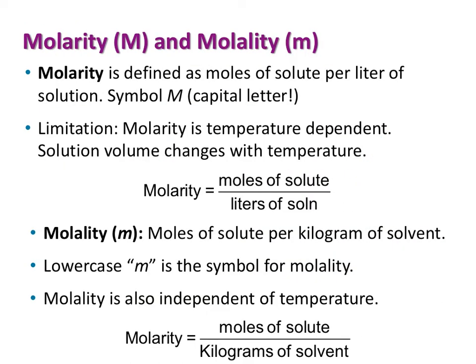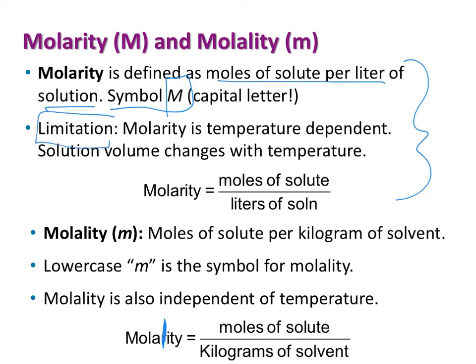Next we have molarity and molality. I made a small mistake right here, so just keep that in mind. That's supposed to be molality. But molarity, this is a review from something you learned in Chem 1. The symbol is a capital M, and we define it as moles of solute per liter of solution.